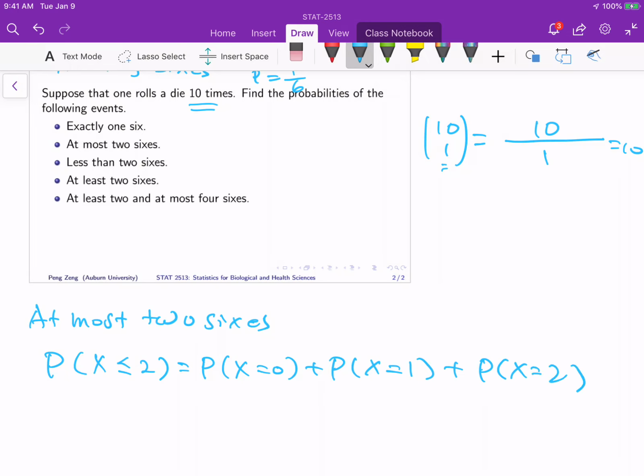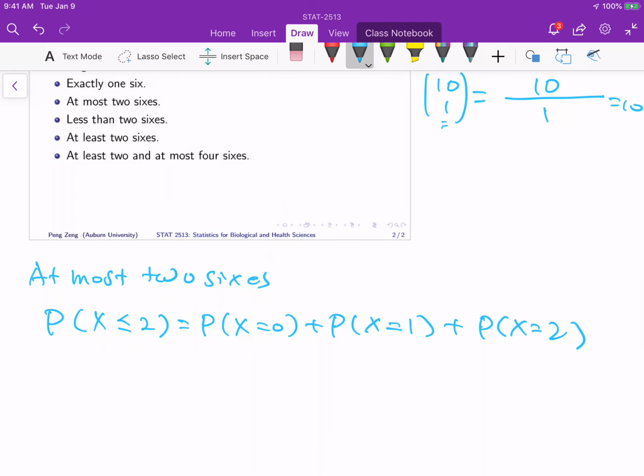So for these three parts, we use the probability mass function to calculate each probability and then add them together. For the first one, 10 choose 0 times 1/6 to the power of 0, times 1 minus 1/6 to the power of 10 minus 0, plus.